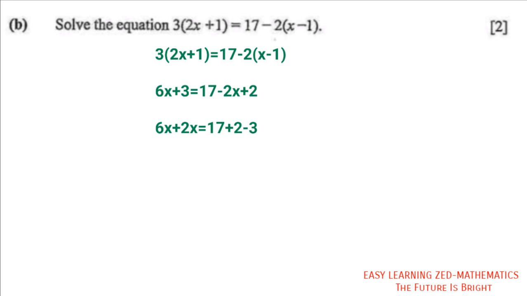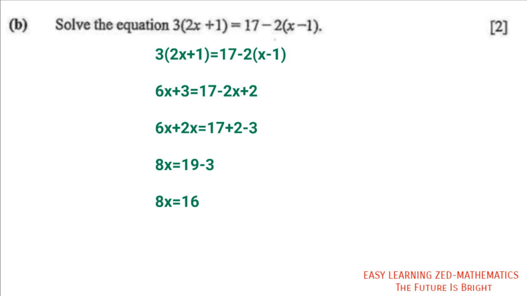Then the next thing we're going to do is evaluate these expressions. 6x plus 2x gives us 8x, which will be equal to 17 plus 2, which gives us 19. So 8x is equal to 19 minus 3, which gives us 16.